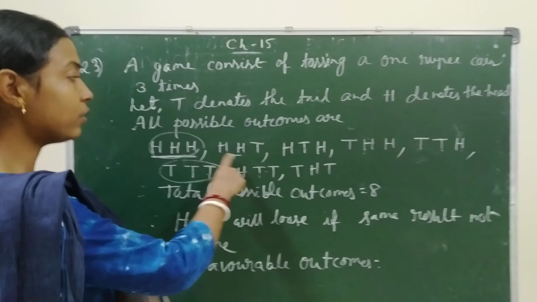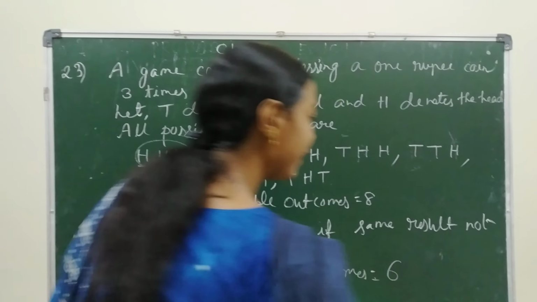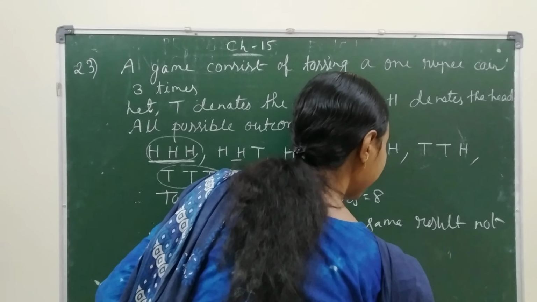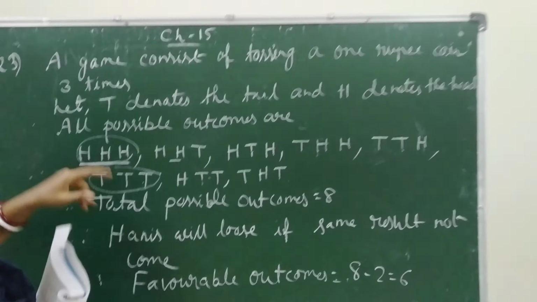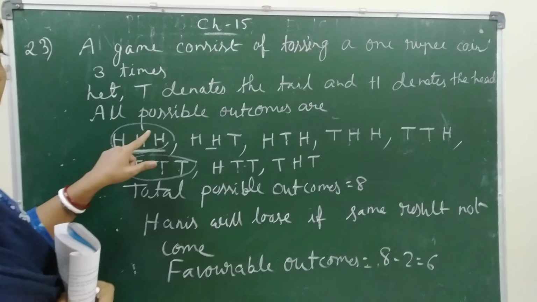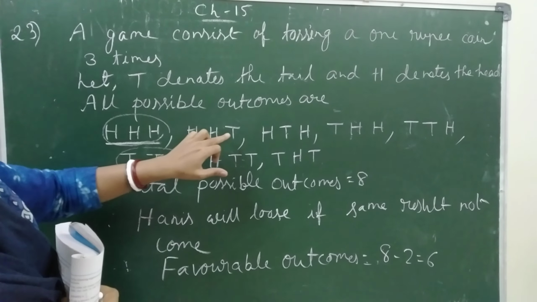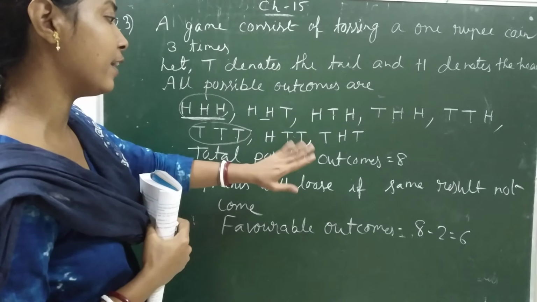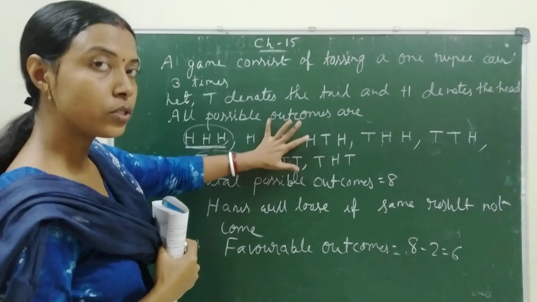Same result or not? 8 minus 2, 6. You can write directly 6 or you can write 8 minus 2 equal to 6. Okay students, you are understanding? Because 3 times head, and tail, tail, tail, how many times? 2 times you are getting. So others are either head and tail or different cases. So these are the 6 cases in which it is possible that he loses the game.